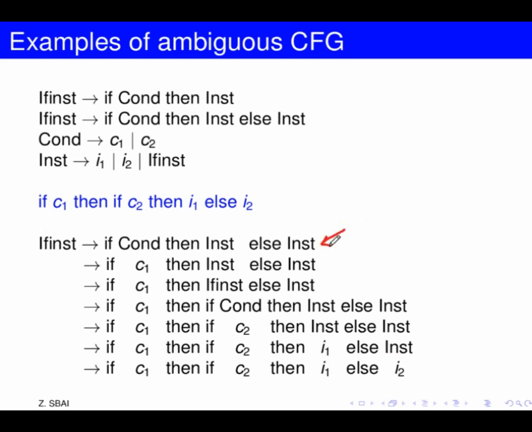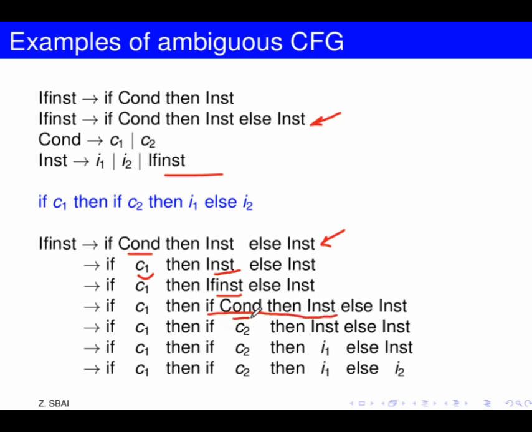We may start by applying the second rule, if instruction is substituted by if condition instruction else instruction. And then for this condition, it will yield to C1. Then for this instruction, it will yield to if instruction according to this rule. Then we will go back to if instruction and choose the rule if condition then instruction.